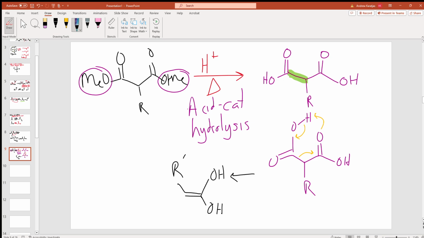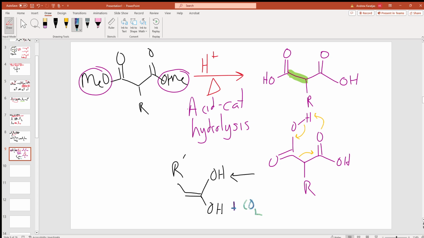Why is it irreversible? Well, our byproduct we kicked out was CO2. Of course, as soon as we form any carbon dioxide, it's going to bubble away and it's not going to be able to come back into the reaction.